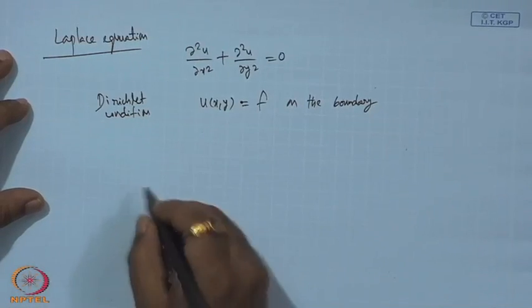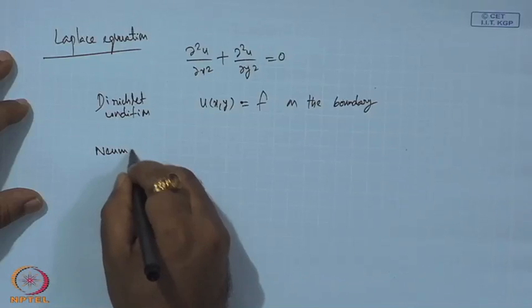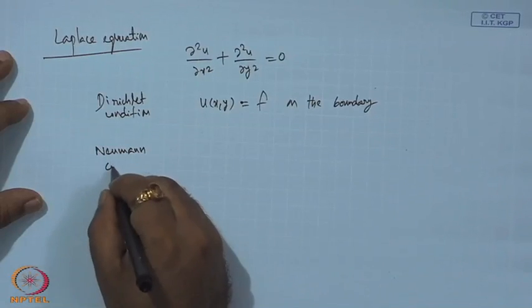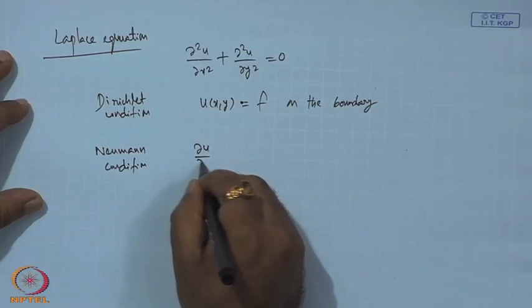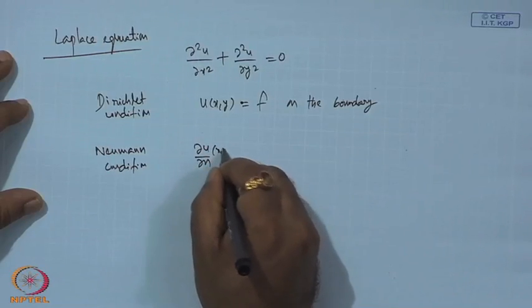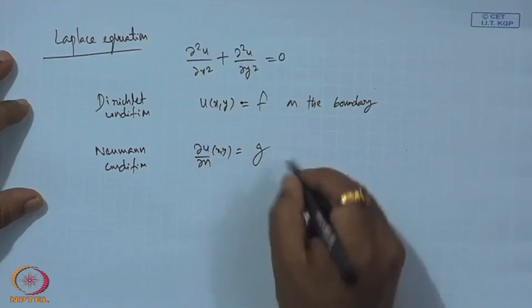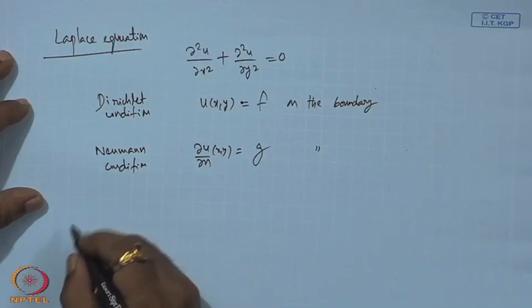Okay. Then Neumann condition, if the normal derivative on the boundary is prescribed, of course on the boundary.